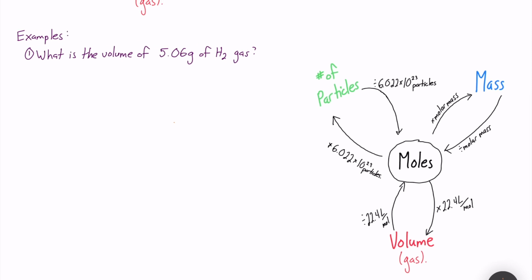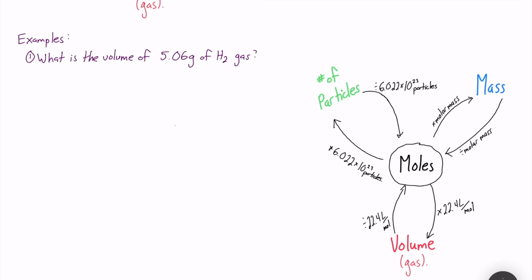It reads, what is the volume of 5.06 grams of H2 gas? So let's take a look at what the question gives us here. We are given 5.06 grams of H2 gas, and the question wants us to find the volume of that mass of gas.